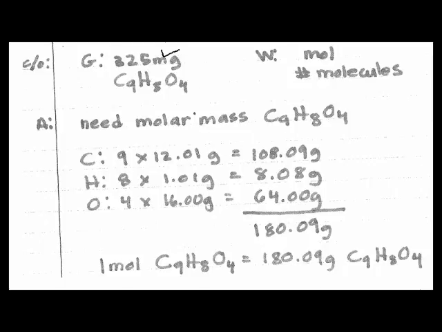So I'm given milligrams of aspirin, but I don't have milligrams in my conversion factor. I just have grams. So I know I'm going to have another conversion factor that gets me from milligrams to grams. And in my conversion factor, I have mole of aspirin and I want mole. So I have 2 units of moles, but not 2 units of milligrams or 2 units of grams.